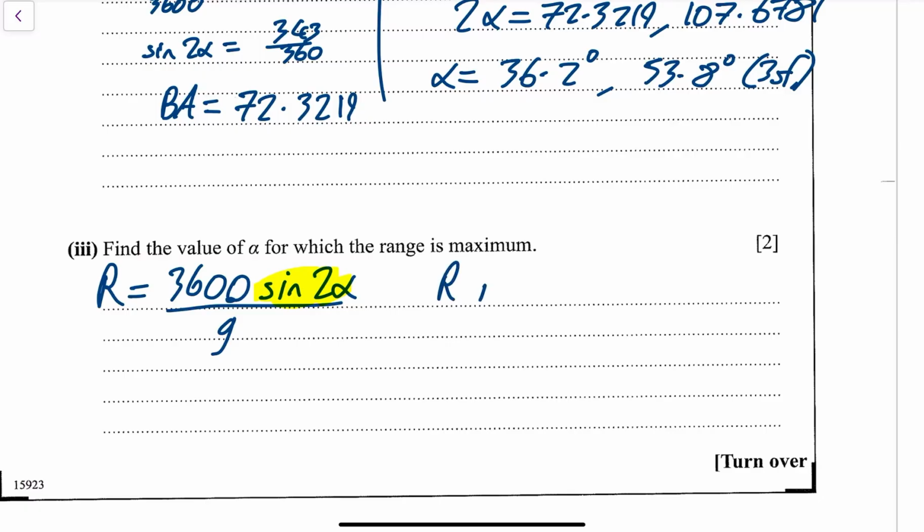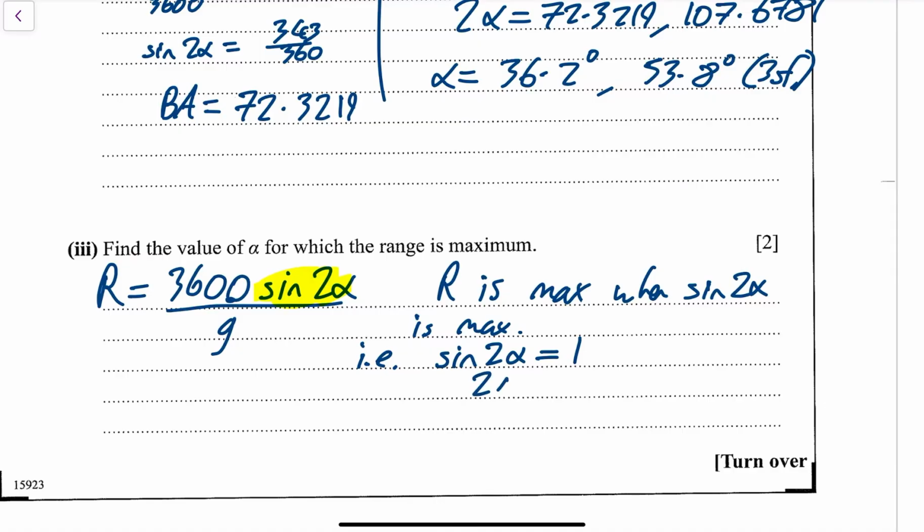So I'm going to say R is maximum when sine 2 alpha is maximum, that means when sine of 2 alpha is equal to 1. That's the maximum value that sine can be, and sine is maximum when the angle is 90 degrees, i.e. alpha is equal to 45 degrees.